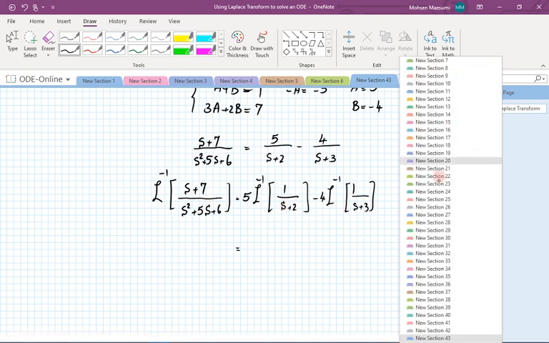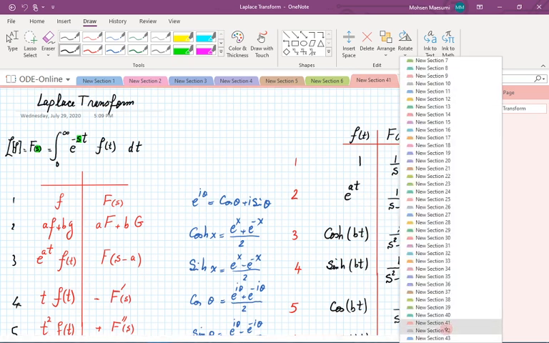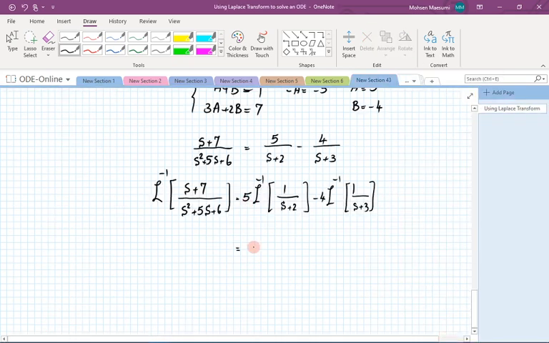When you look up this table, you immediately see it's coming from formula number 2. So that's going to be a quick application there. So we'll have 5 times the exponential of negative of this, minus 4 times the exponential of negative of this number times t. This is going to be our y of t.